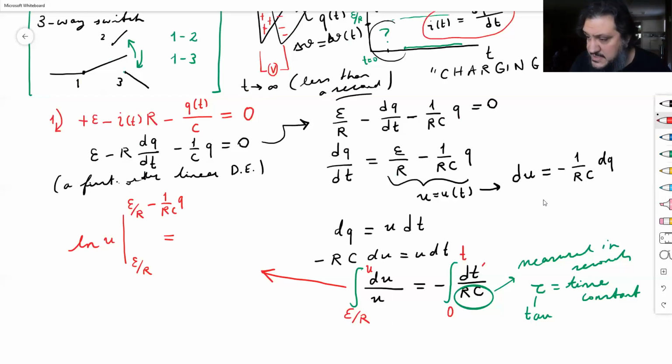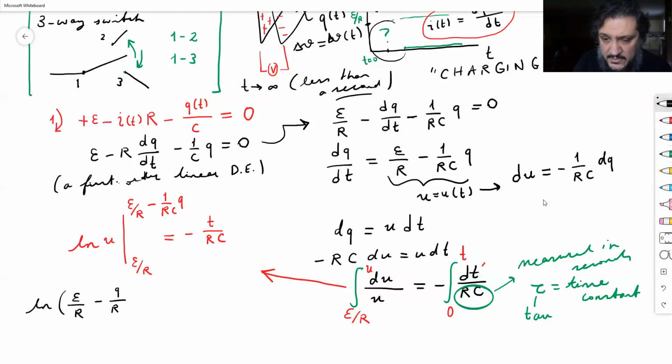The right-hand side just gives me negative t divided by RC. So if I plug in the limits here, this will give me ln of E over R minus Q over RC, minus ln of E over R, equals to e to the power negative t over that time constant tau.